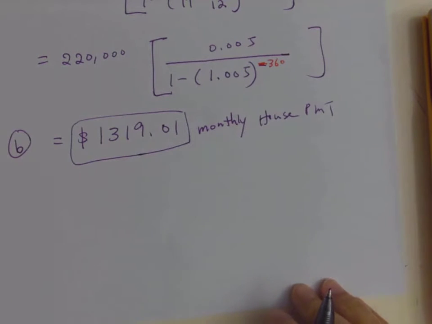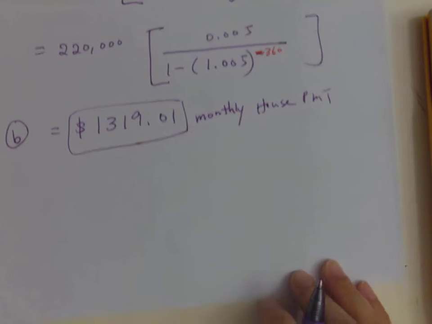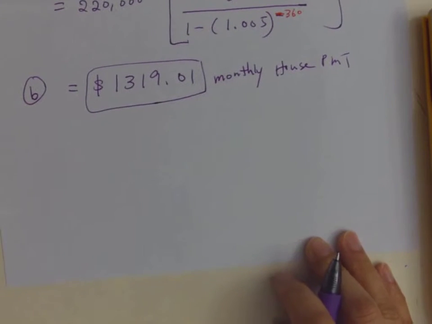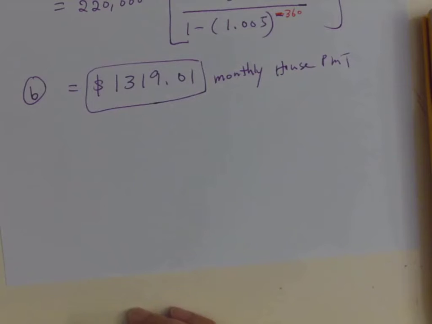So if you get a loan for $220,000 with an interest rate of 6%, compounded monthly, your monthly house payment is $1,319.01.